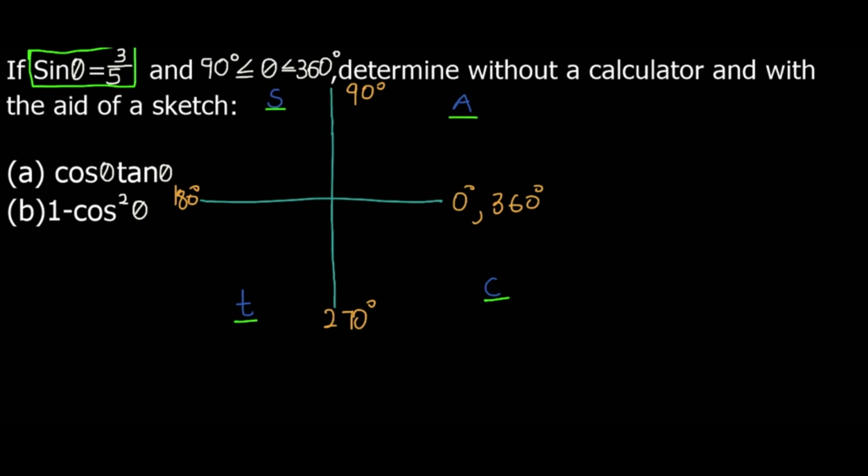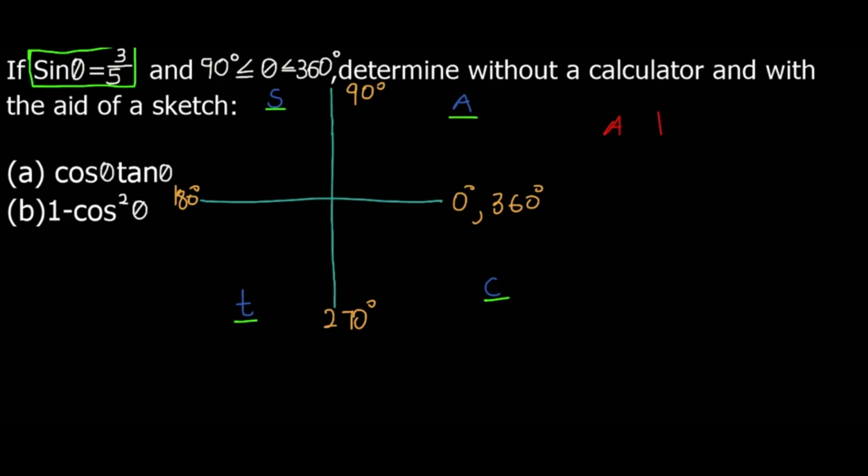Another piece of information here is very important. They say 90 degrees is less than or equal to theta, and then theta is less than or equal to 360 degrees. Actually they say 90 is smaller than theta. When they say 90 is smaller than theta, it means our angle is more than 90 degrees, because if we say a is smaller than b, we are saying b is bigger than a.